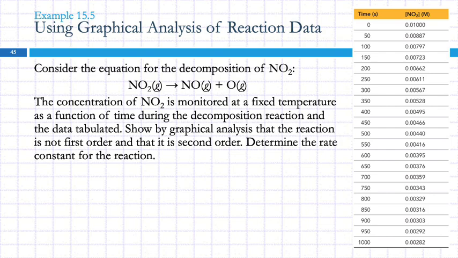So consider the equation for the decomposition of NO2. Concentration of NO2 is monitored at a fixed temperature as a function of time. These equations don't have temperature in them, so why do they keep talking about the temperature? They'll sometimes give you a temperature because the rate of a reaction changes with temperature.